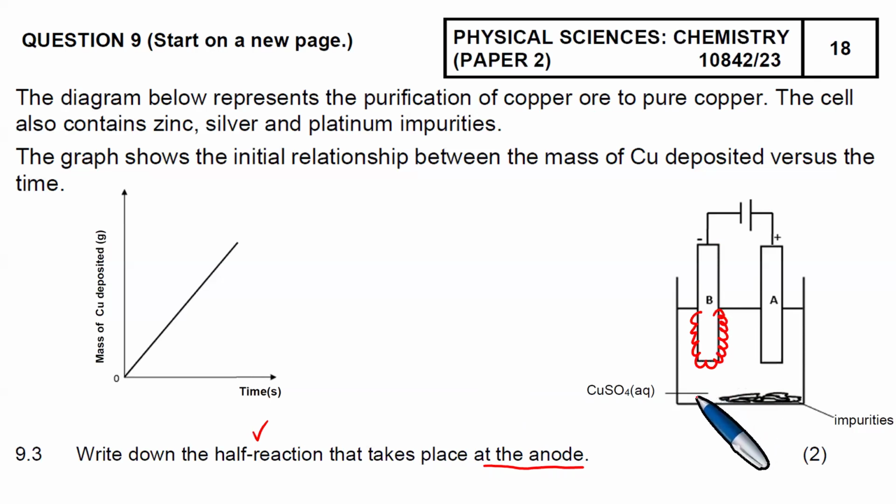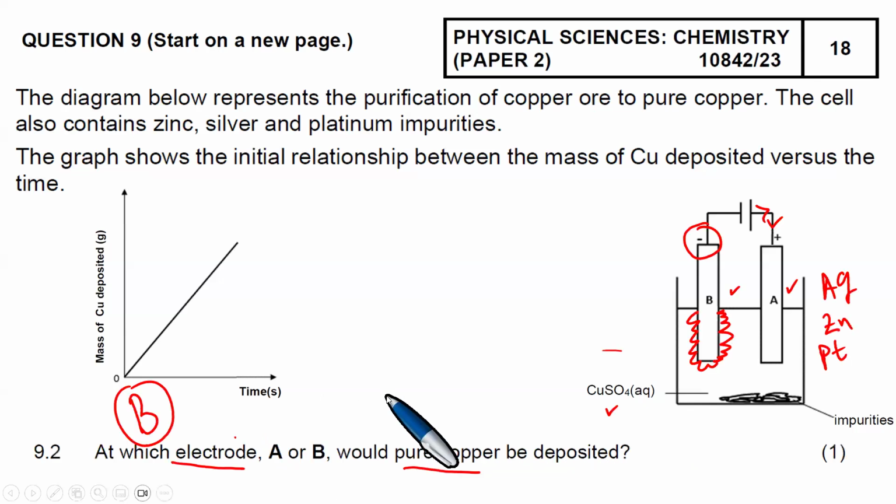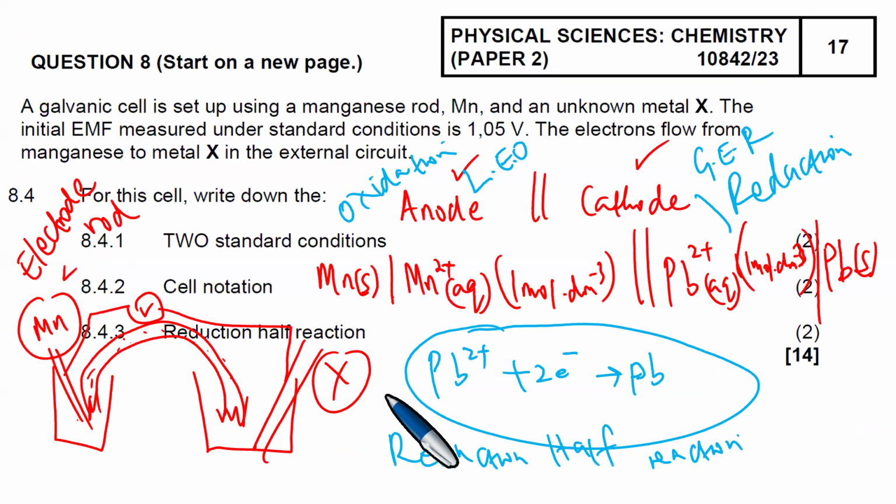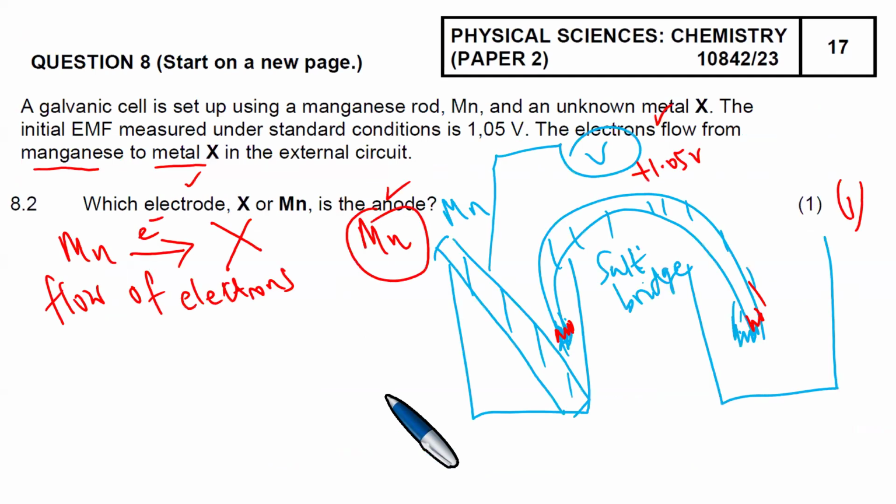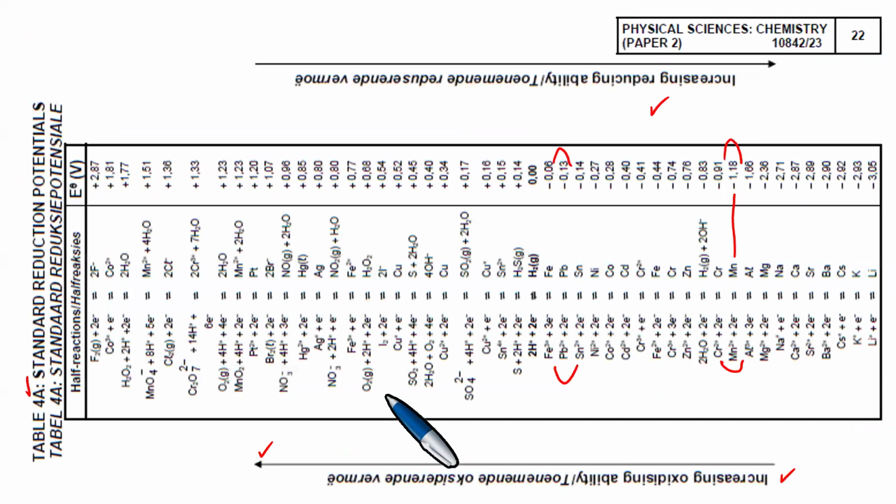The question, therefore, is what half reaction takes place at the anode. So you need to refer to the half reactions potential table and look for copper.